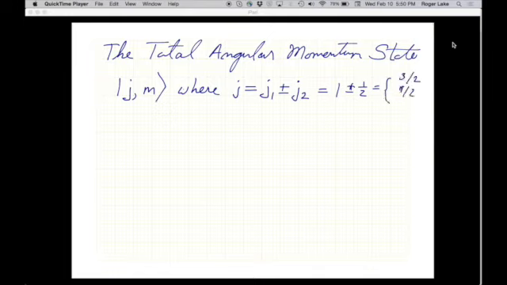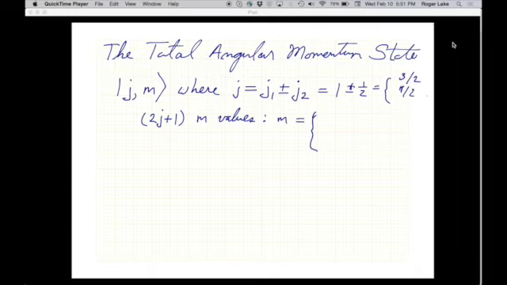Those are the possible values for the total angular momentum. And then you have the 2J plus 1 M values. So M can equal, well, it depends what J is.